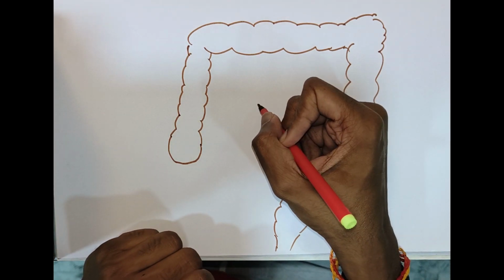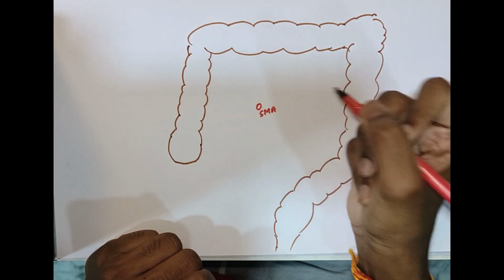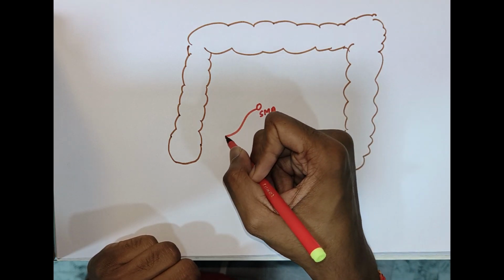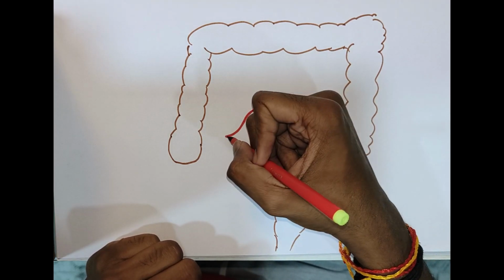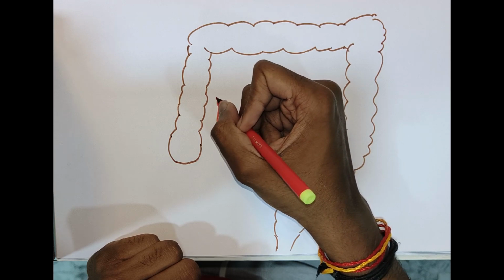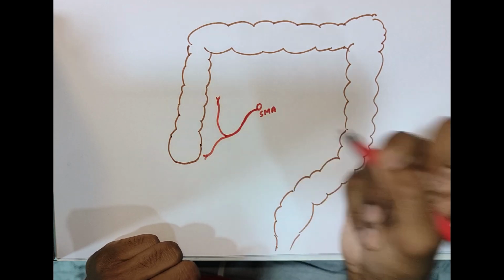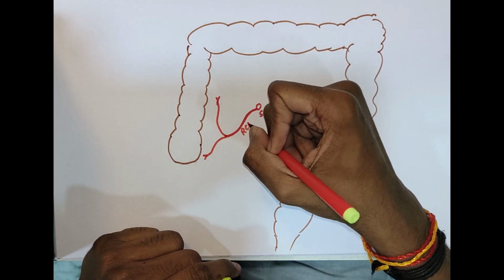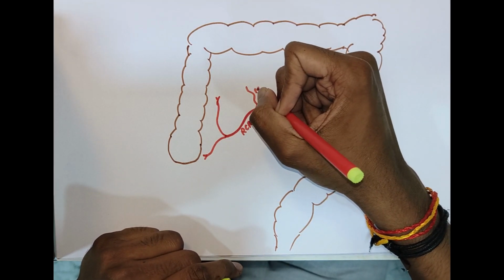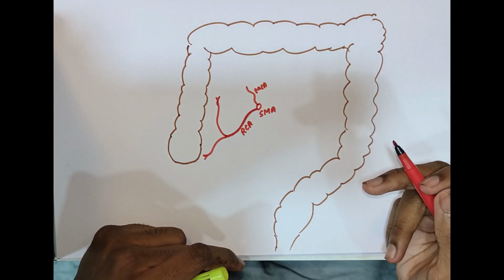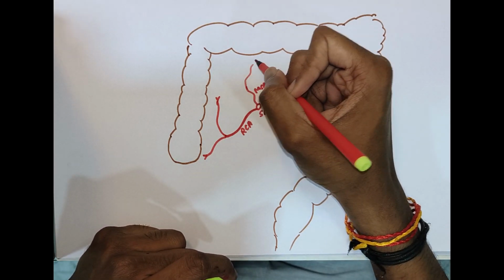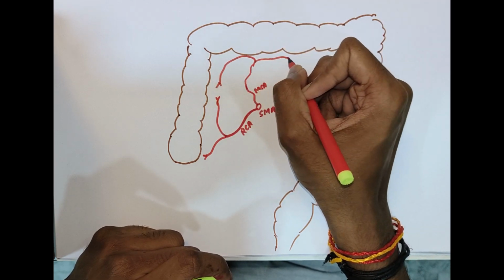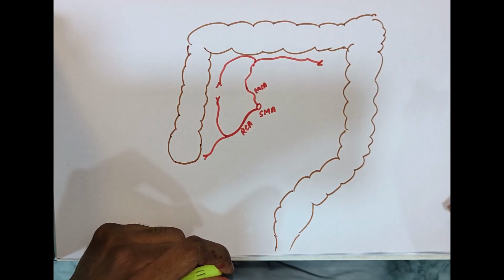Now, the superior mesenteric artery gives rise to the right colic artery, isn't it? So, if this is the right colic artery, we have an ascending branch and a descending branch. The middle colic artery also arises from the superior mesenteric artery, and for that we have a right branch and a left branch.